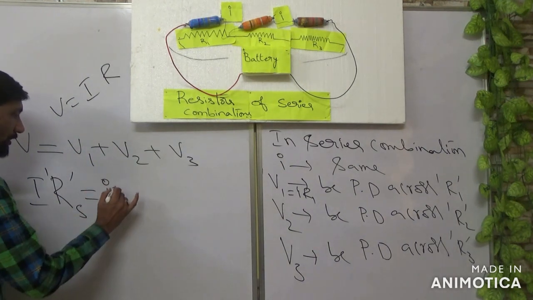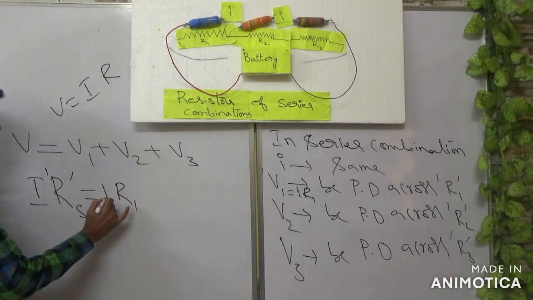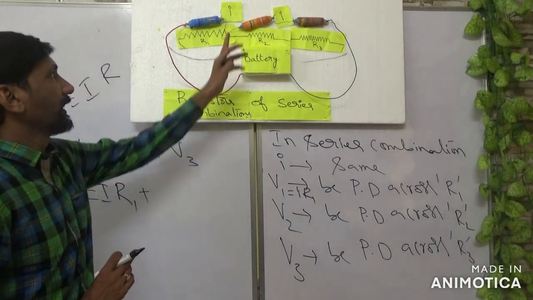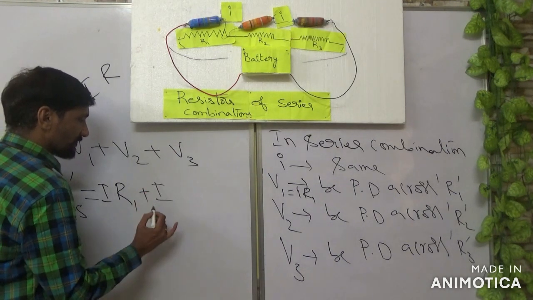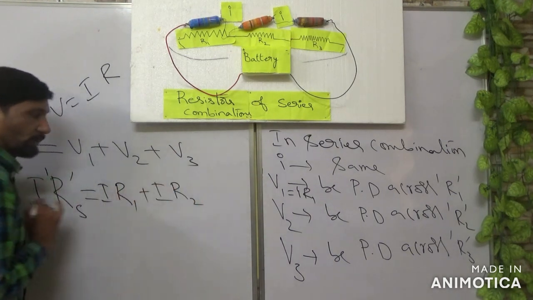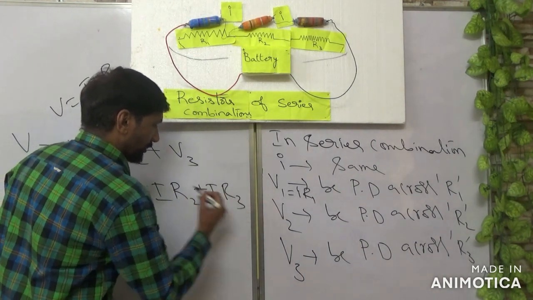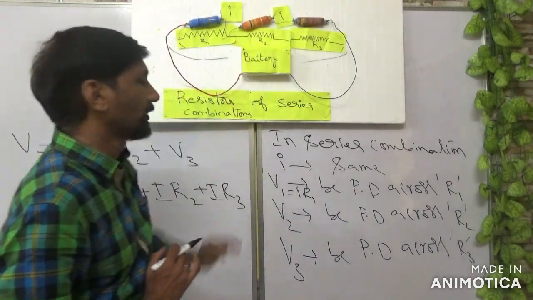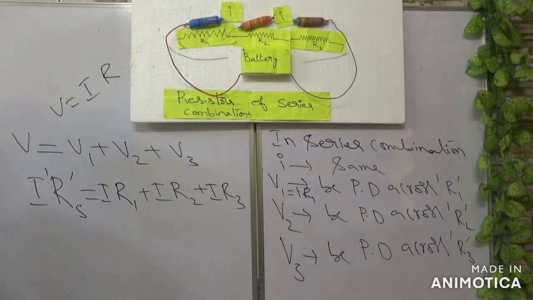So I R1, here I is represented with capital I, plus V2, the potential difference across the second one, which you can measure through Ohm's law, V equal to IR, so I R2, plus the third one, I R3, because current through the first one, second one or third one remains the same. Why? They are all joined in series combination.